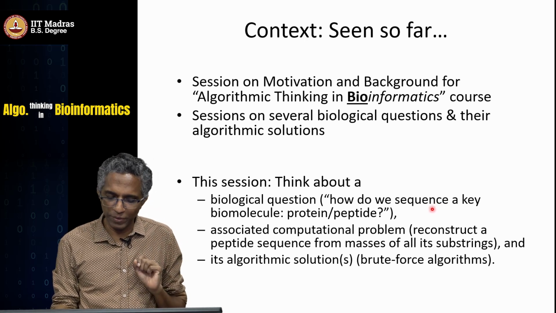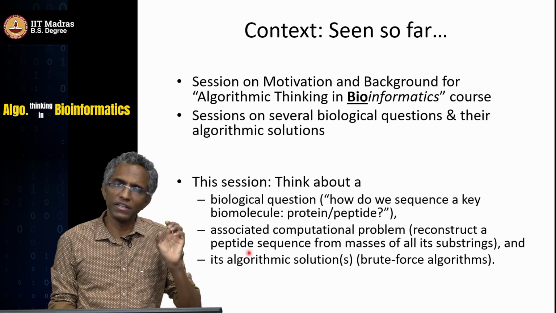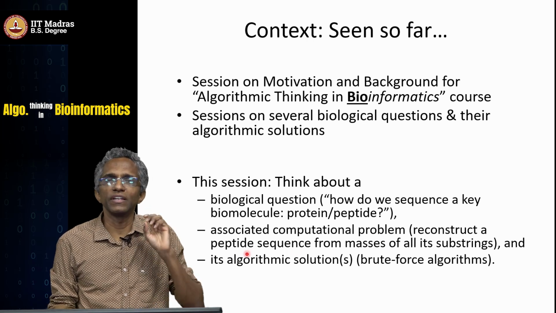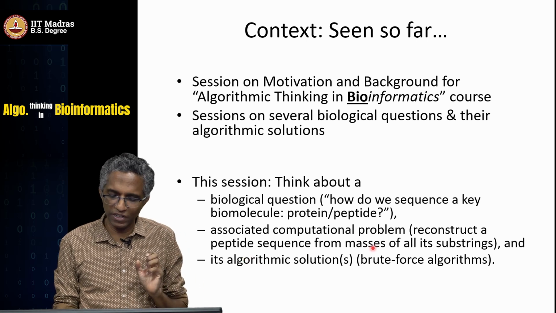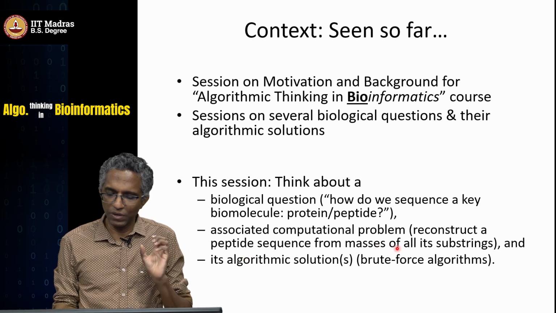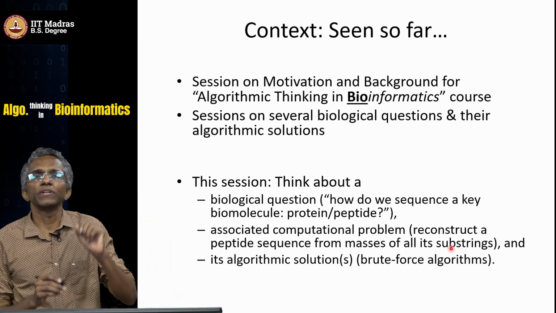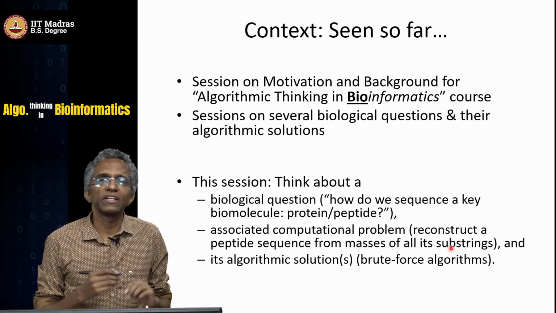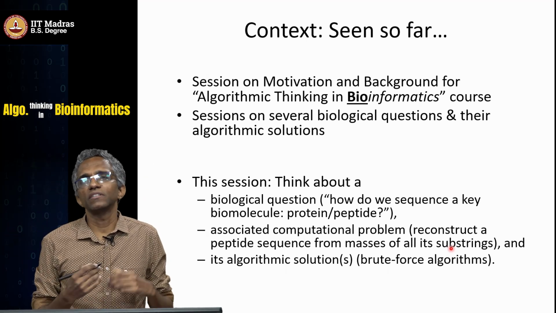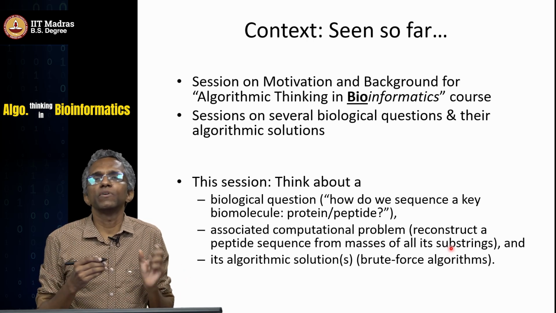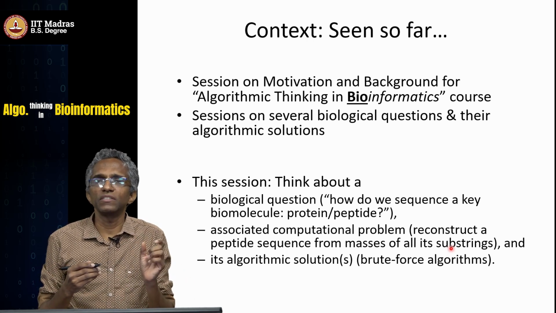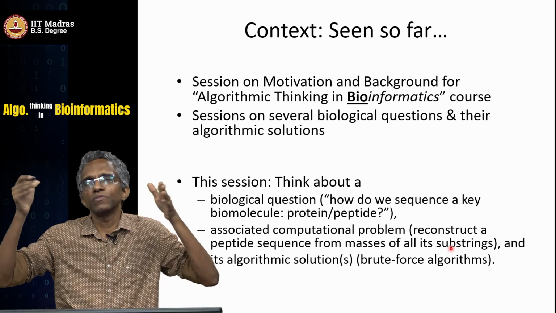What do we mean by a spectra? In very simple terms, in actual reality it is a bit more complicated, but we will simplify it and say that a spectra is the masses of all the substrings of a particular peptide. We will clarify what these masses mean, but there are instruments called mass spectrometers that will give you some idea about the masses of the different subpeptides, or the substrings of a longer peptide.